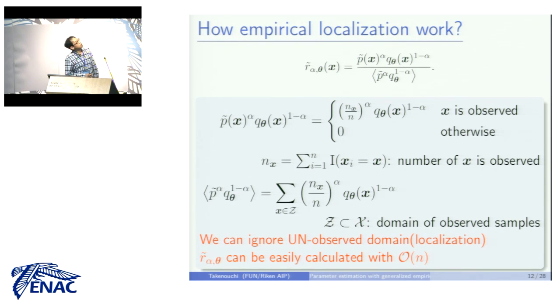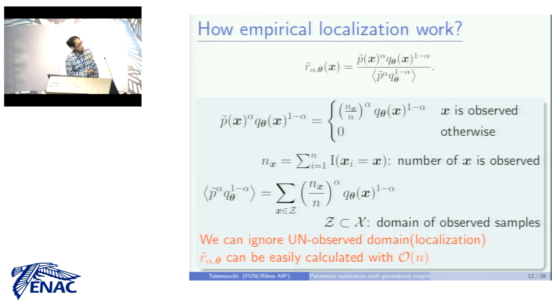Now I explain how empirical localization works in this slide. Actually, this numerator is written like this in our problem setting. If x is observed in the data set, this term is equal to this, and otherwise this term equals 0, because the empirical distribution is equal to 0.